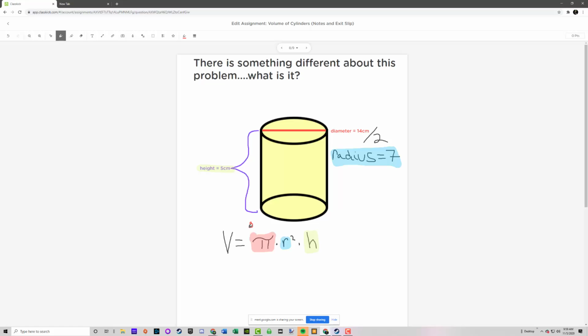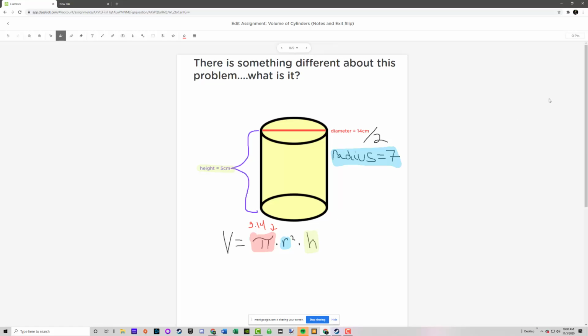So 3.14 for pi, always. And now, just like that, you have avoided the trap, you've avoided their trickery, and you could now just treat the problem just like all the other ones.